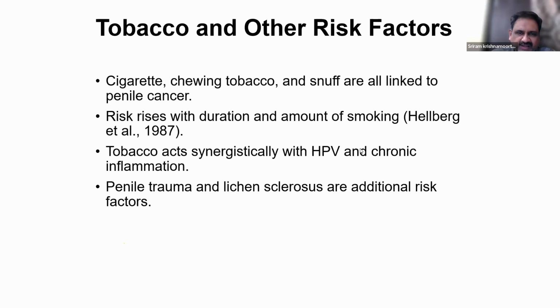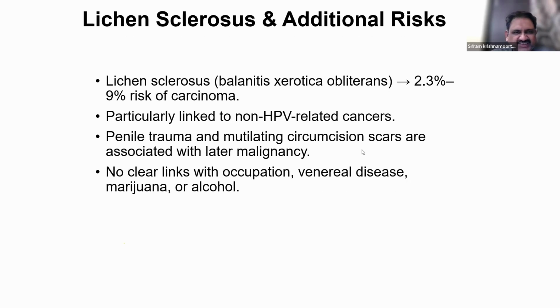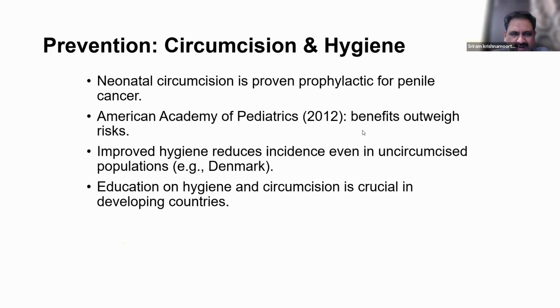In the same way, tobacco can cause lesions in the penis. You should know about lichen sclerosus, BXO, which can be a pre-malignant one. When we discuss the pre-malignant lesions of the penis, which can be a differential diagnosis for carcinoma penis, all this will be discussed. The examiner may stop at one of these.